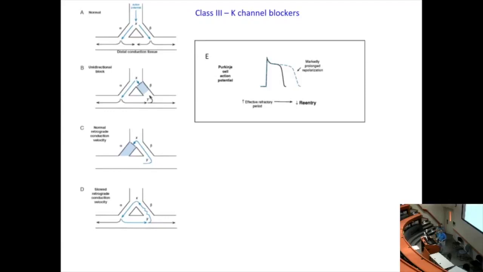It's annihilated just like it was before, no big deal, no harm done. But if it's slow, and the worse this damage is, the slower it is, then you come back around and you hit this alpha pathway after it's recovered. And if you hit it after it's recovered, you re-excite it. And you re-excite it, and the wave goes down the alpha, back around, up the pathway, re-excites the alpha again, comes around, up the pathway.